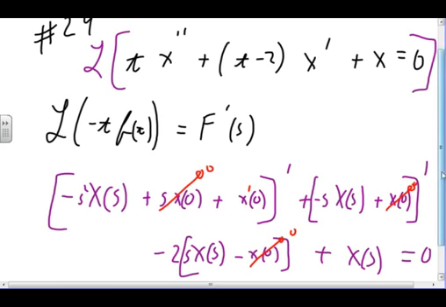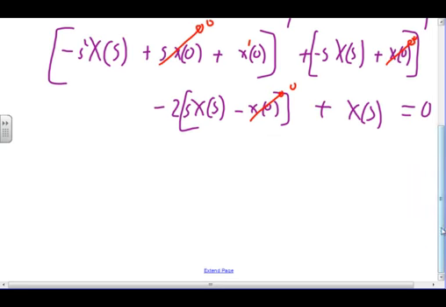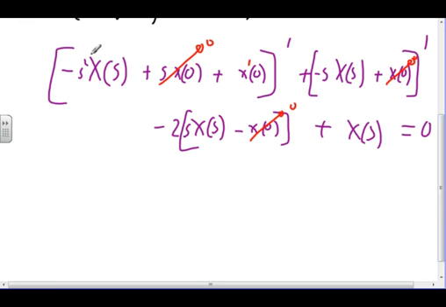All right, now I'm going to take derivatives of things. So I'm going to take the derivative of this, minus 2s x of s minus s squared x prime of s.